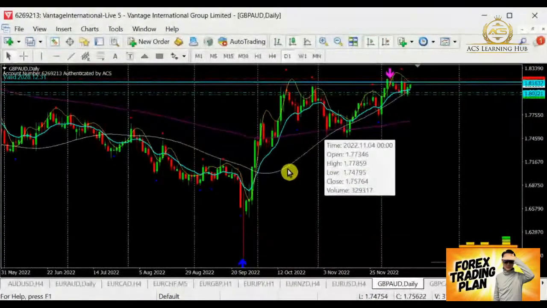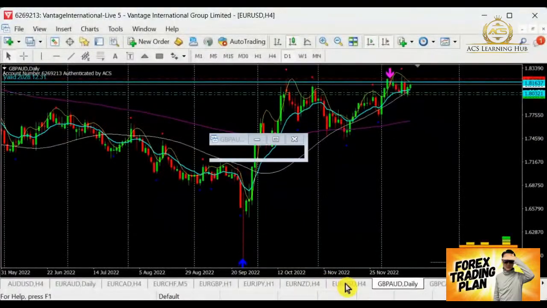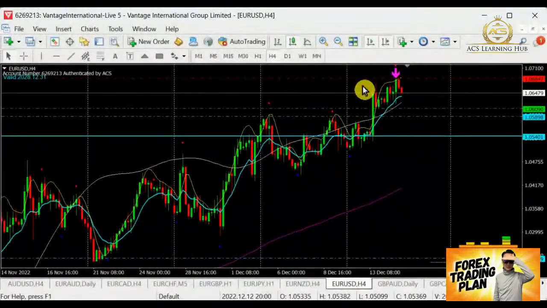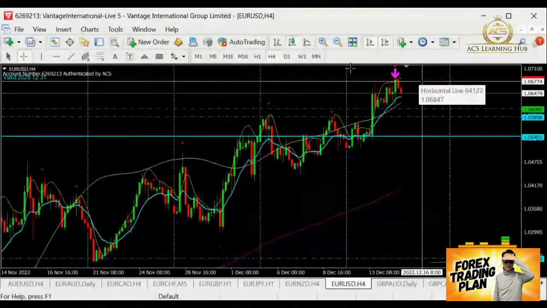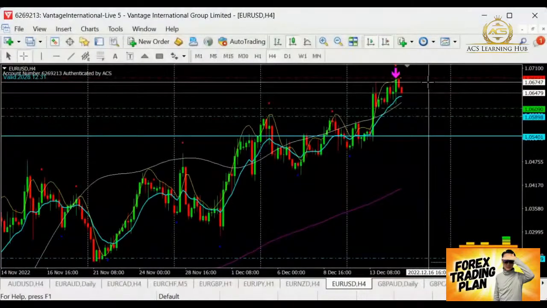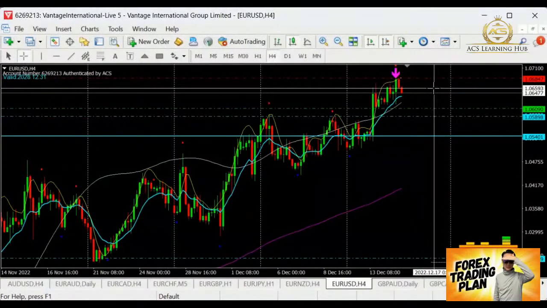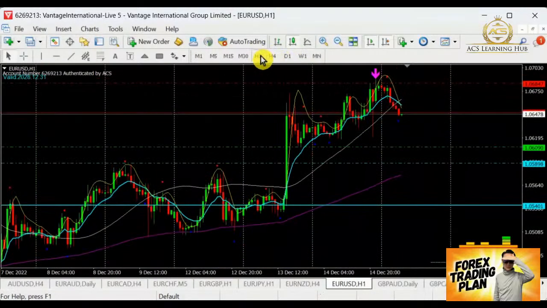Euro dollar, this morning I entered at 1.0660. I think now you're running on over 10 pips profit. Tentatively still looking good.